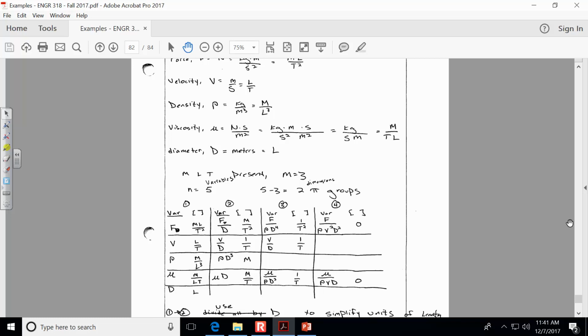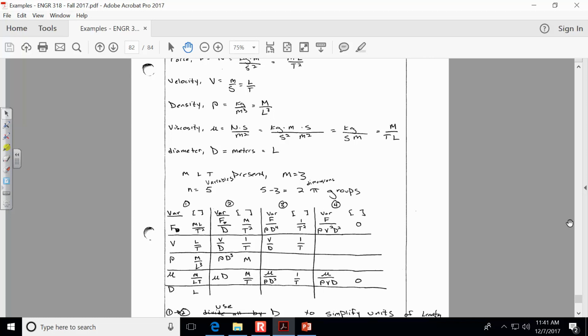Okay, velocity is one of these parameters that affects drag of a sphere as it settles. Velocity is meters per second, which is length per time. Density is kilograms per cubic meter, and so that's mass divided by length cubed.